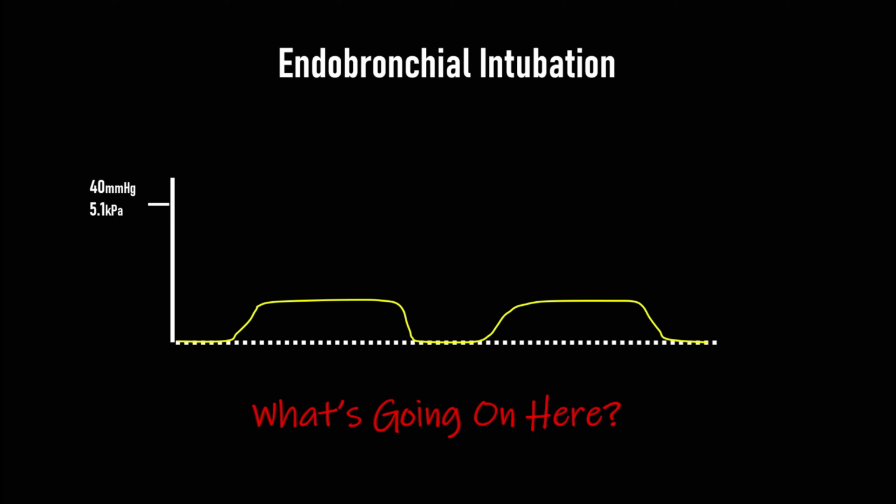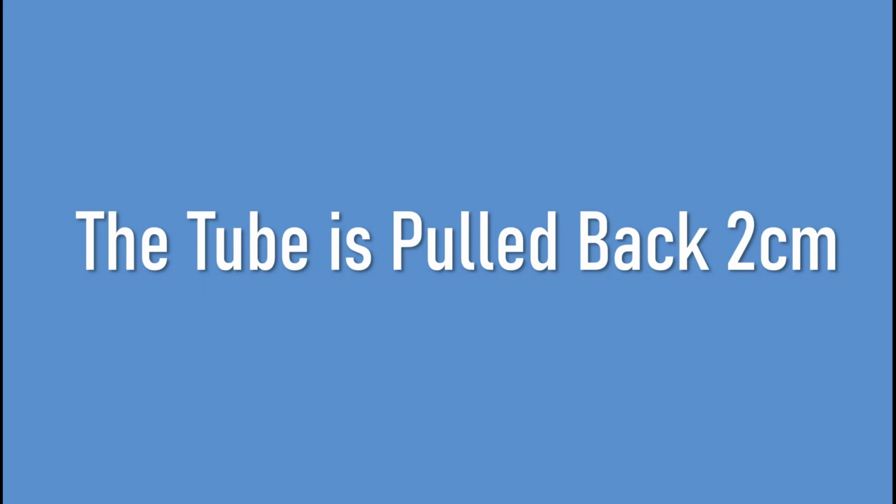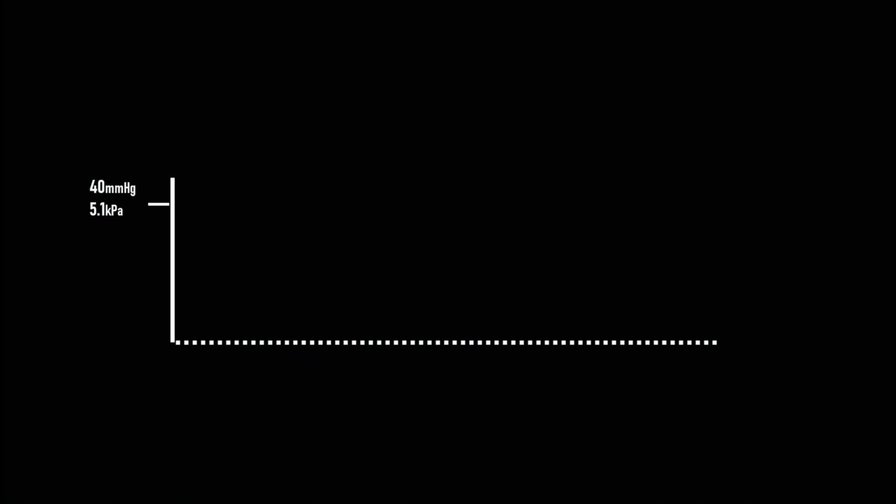This is an endobronchial intubation. Although the waveform looks normal, the end tidal CO2 is much lower than usual, and this is the picture you see in an endobronchial intubation, usually of the right main stem bronchus. The tube is then pulled back 2 centimeters, and this is the trace that's seen.